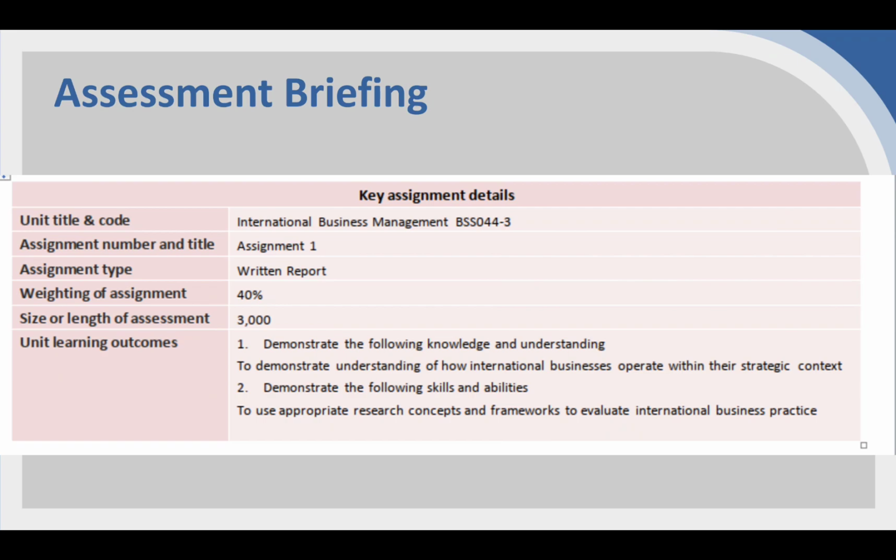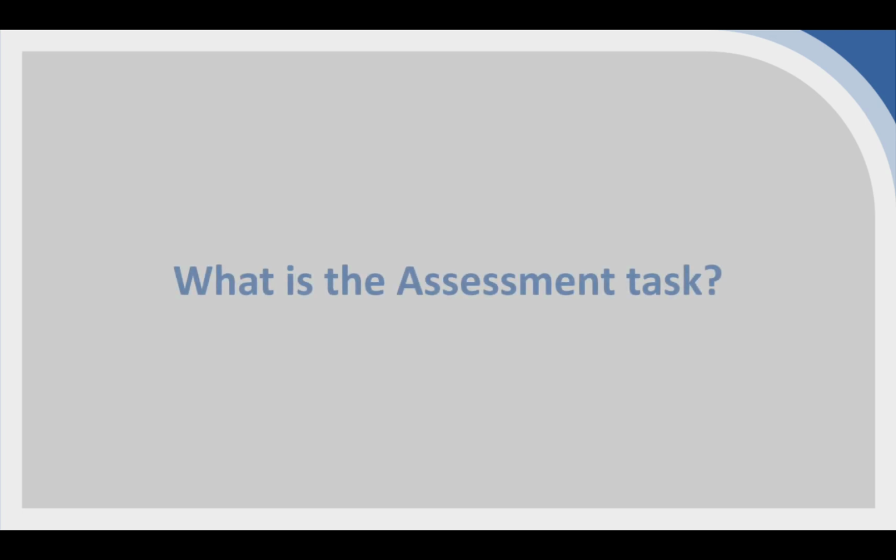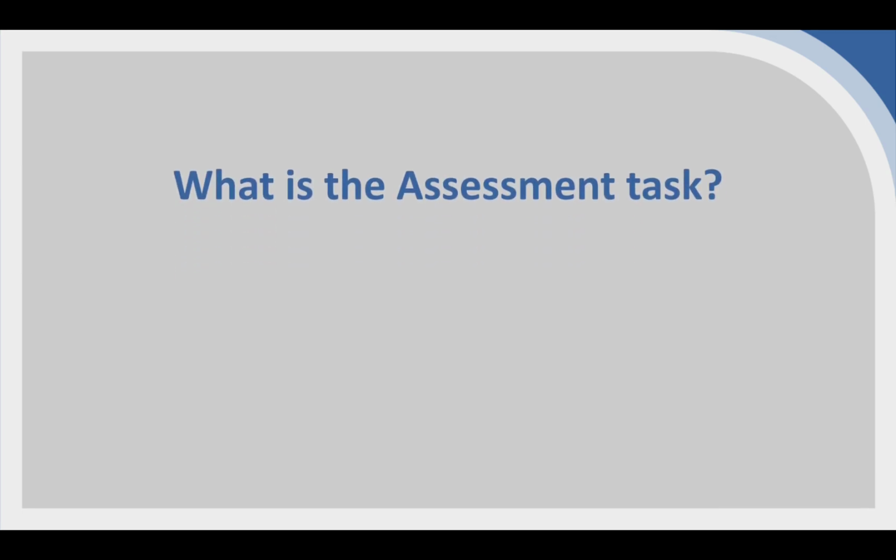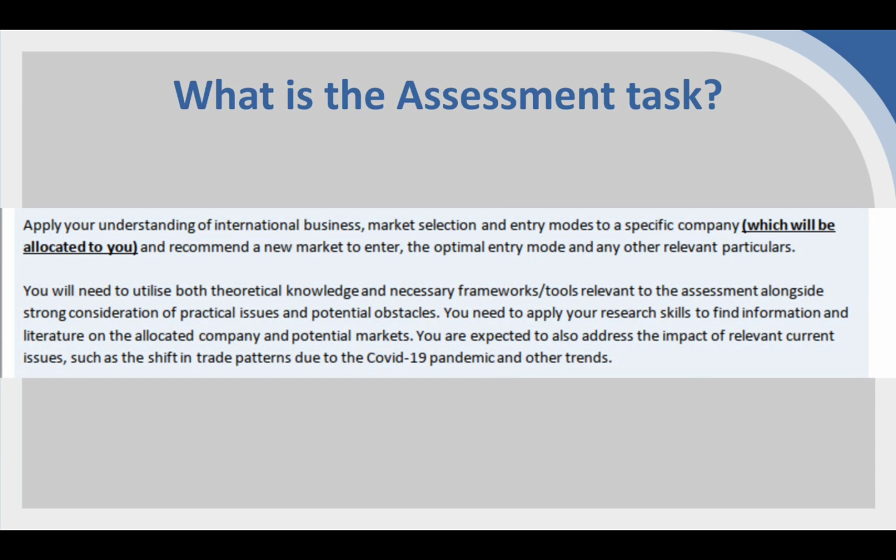The way we're going to be doing this is by taking a particular company, which should be an international business, and writing a report which analyzes both the existing operation of the company and ends with a recommendation of a new market to enter. So that's a new country to enter and an entry mode to use.